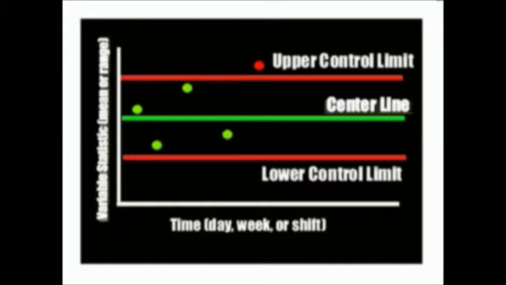And as we mentioned earlier on, the idea here is plotting the points allows us to see the points being either in control, that is within the control limits, or out of control, that is outside the control limits.